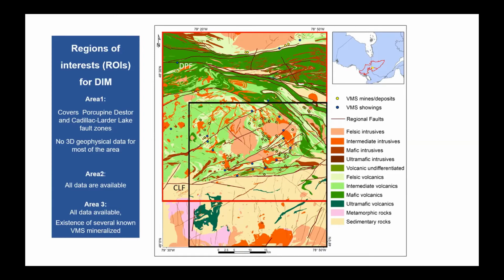The second area is the area for which we have all data available. And the third area is shown in green color. This is the area which is limited by the VMS mineralized bodies.